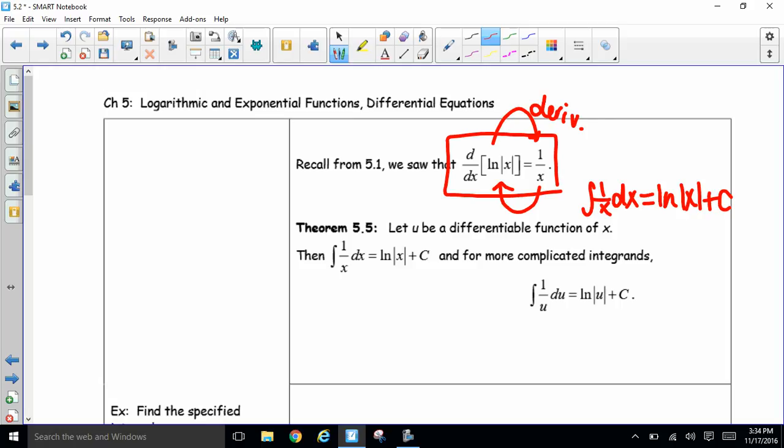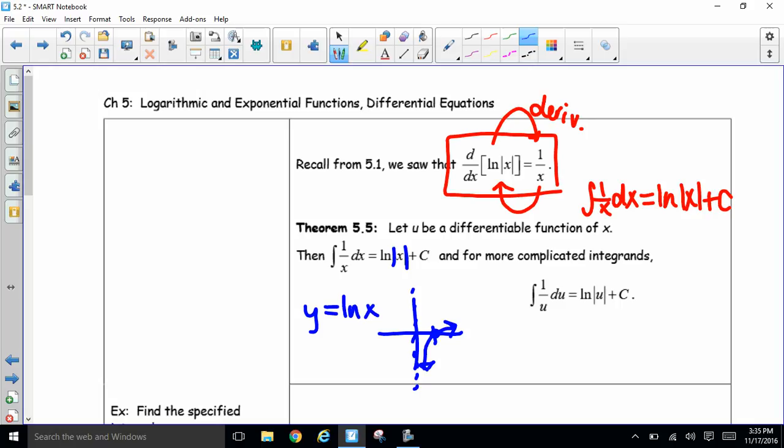Okay. The reason that those absolute values are there and so important is that if you remember the graph of y equals ln of x from yesterday and from your algebra classes, you've got a vertical asymptote at x equals 0. It goes through the coordinate (1, 0) and curves up like this. You can't take the natural log of anything that's negative.